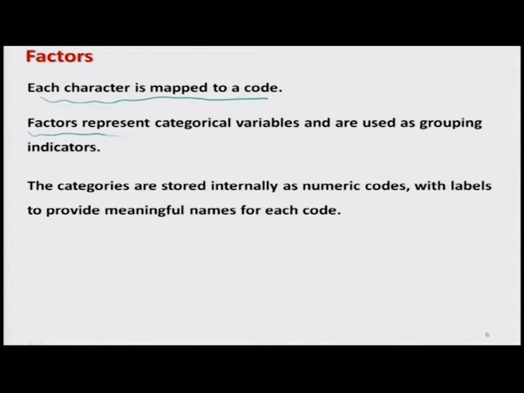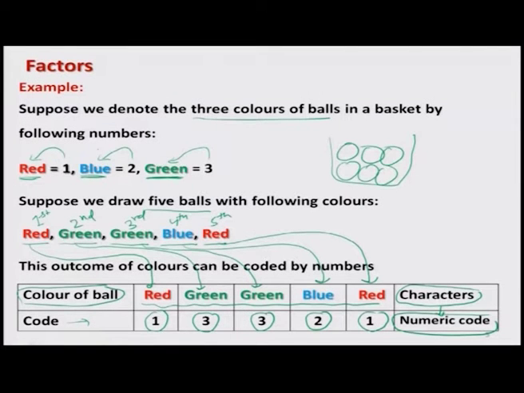and factors represent categorical variables, and these categorical variables are used as grouping indicators. For example, in this earlier example, we have 2 red balls, 2 green balls and 1 blue ball. So, I can group that I have 2 times numerical code 1, 1 time numerical code 2 and 2 times numerical code 3.